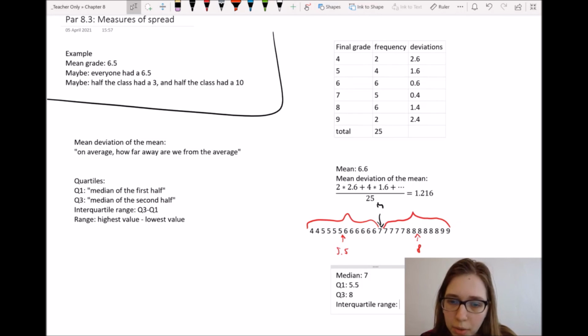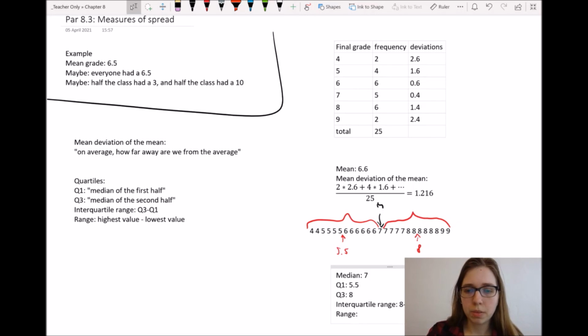My interquartile range is 8 minus 5.5, which is 2.5. So the bulk of my grades is only within 2.5 difference from each other. And my full range is, well, highest minus lowest value, which is 5. Everything is between 5 of each other.